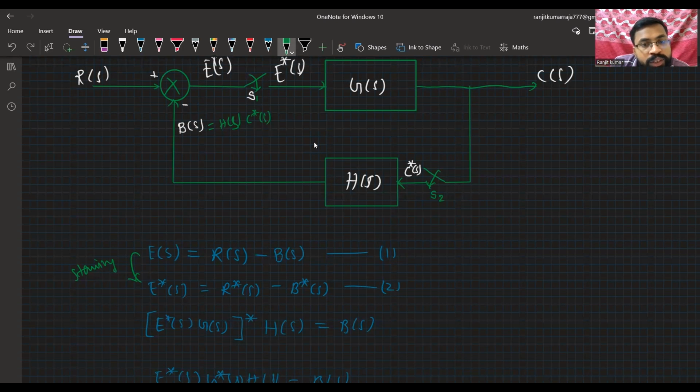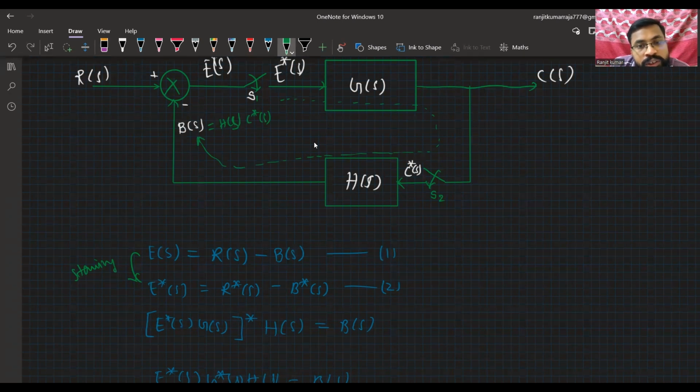Just follow this closed loop path from the sampling up to here, B of S. So it will become E star of S, G of S.